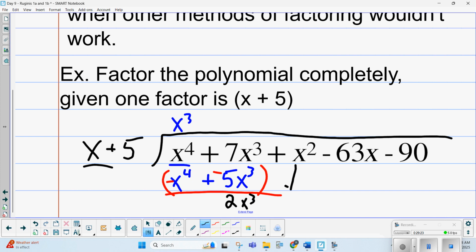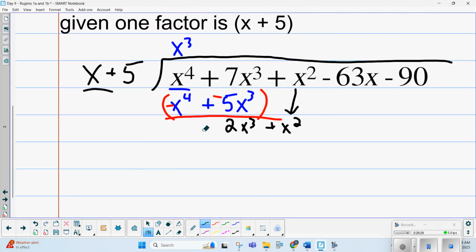And then we'll bring this down, plus x squared, and let's go again. What do I need to multiply x by to get 2x cubed? Well, that would be 2x squared. Let's distribute, so that becomes 2x cubed plus 10x squared.